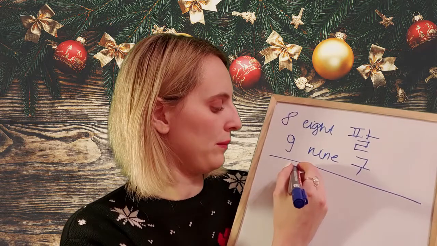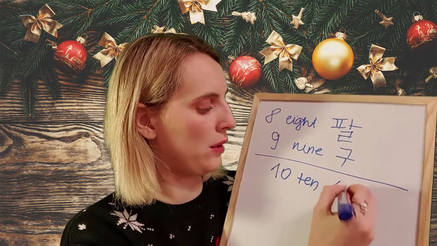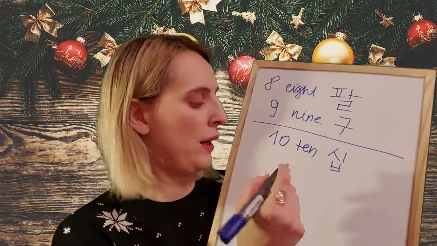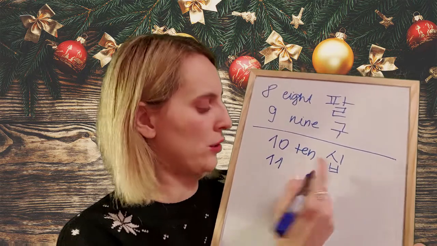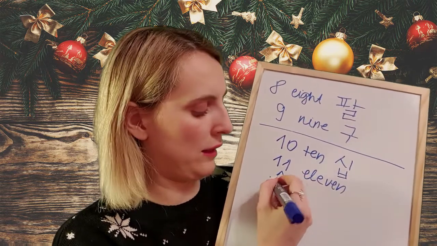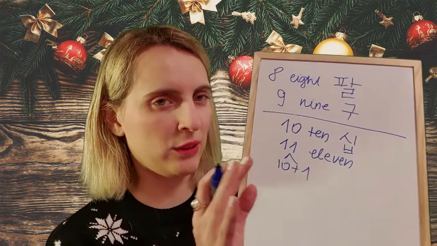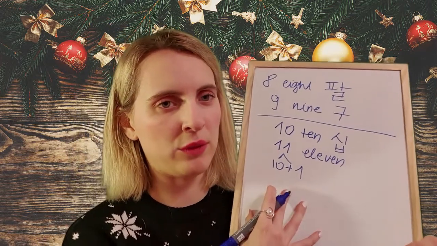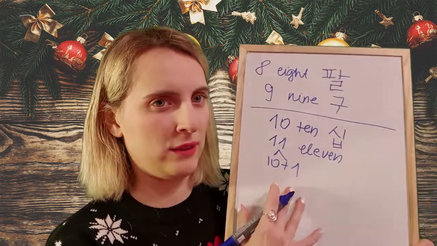Okay, so 10 is ship. And 11 is actually made by 10 plus 1. I know that is a little bit of math, but it is easy math, so I hope you won't mind, because I'm also not a big fan of math, so I understand you if you don't like math, but it is really easy.